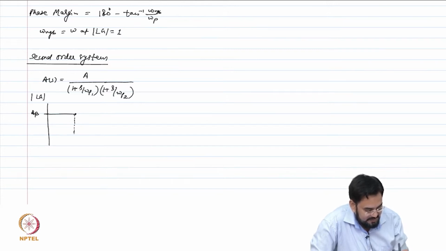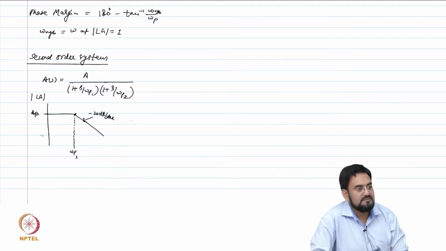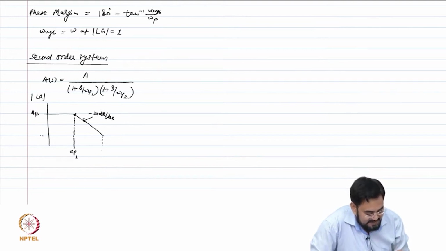So if this is omega P1, minus 20 dB per decade, correct. Now if let us say my second pole hits here, so how will this shape change?